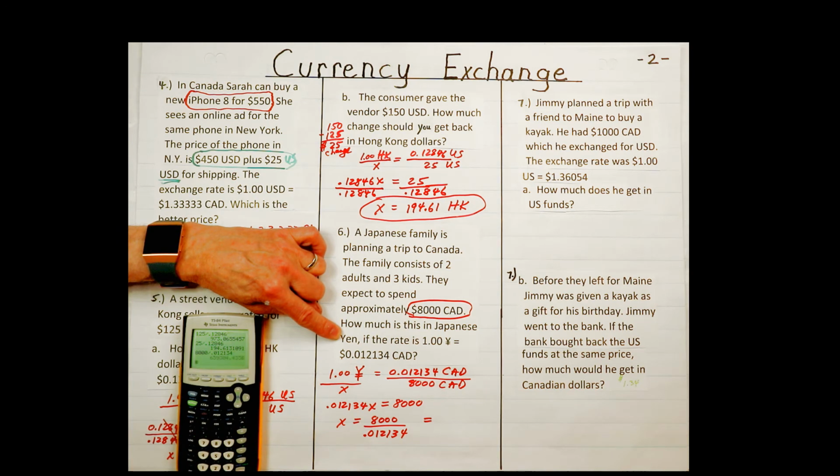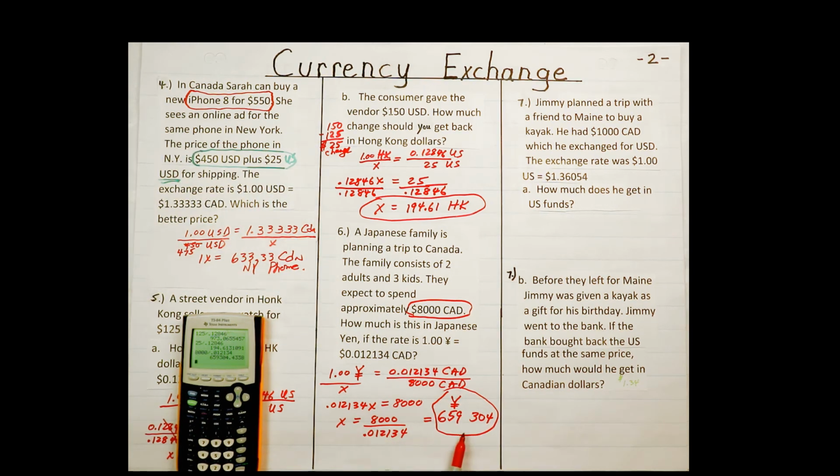So that is 659,304 approximately. And I know there's a couple of decimal places, but I don't have room for them here. So this is what they're going to need in yen right here. 659,304 Japanese yen. Wow.